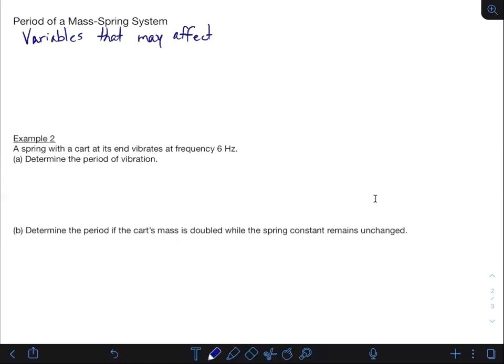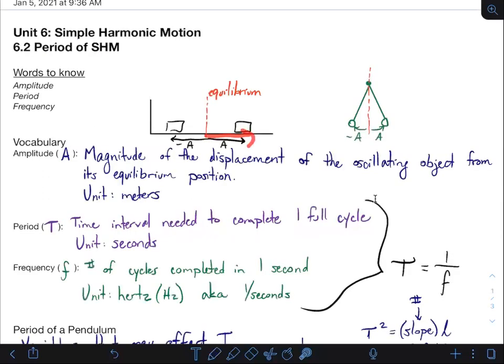We may brainstorm that perhaps the amplitude, so the amount that we pull our mass away from equilibrium in order to set it into simple harmonic motion, is going to change, or I should say, by changing that, we change our period.